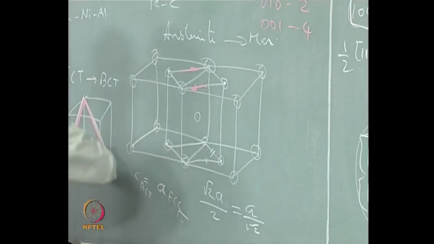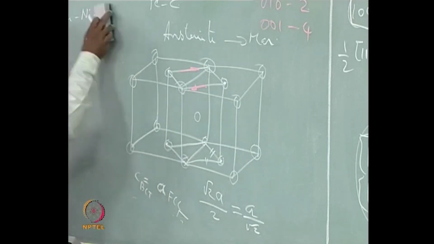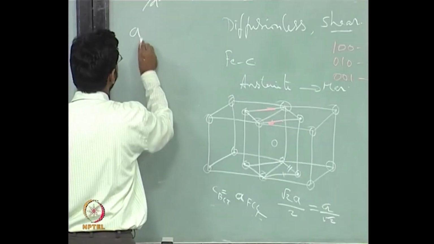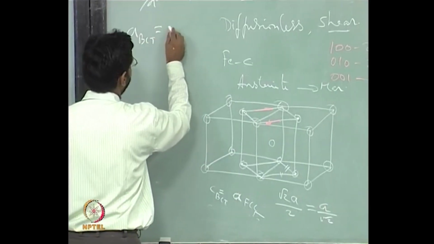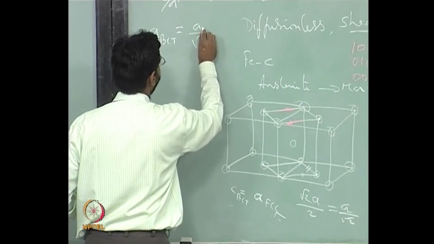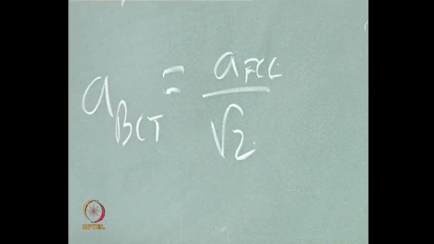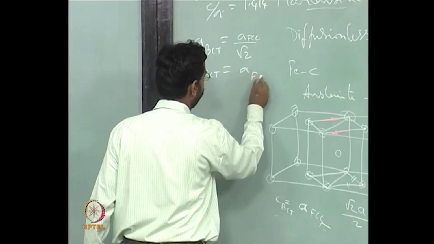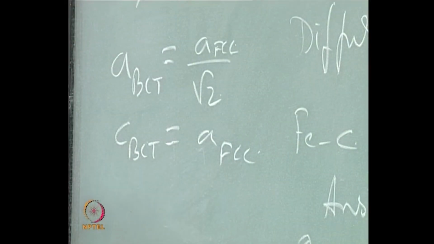I am sorry, not able to write here, I will write somewhere else. So, a of BCT is equal to a by root 2 of FCC, and C of BCT is equal to A of FCC, am I right?